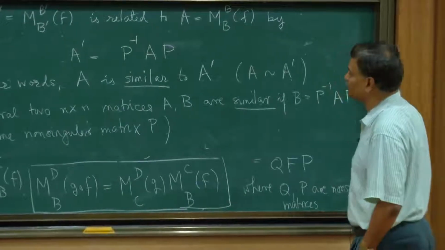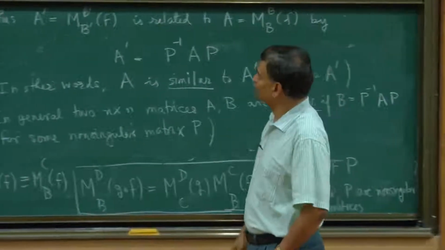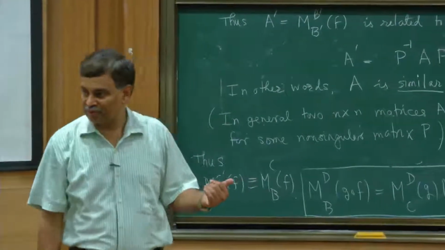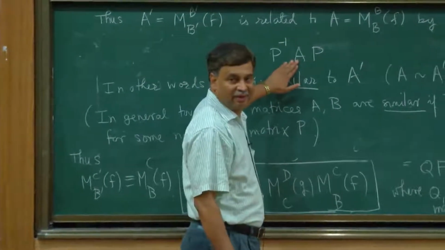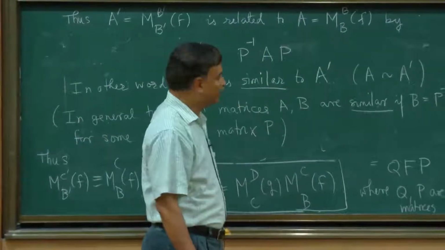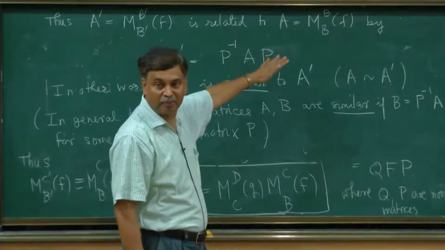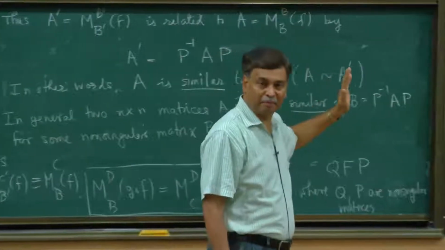You can check that. So, what we have just shown is that change of basis corresponds to similarity. The converse is also true: if I take a matrix, and it defines a linear map, and if I take a matrix which is similar to that, then it would correspond to the same linear map.